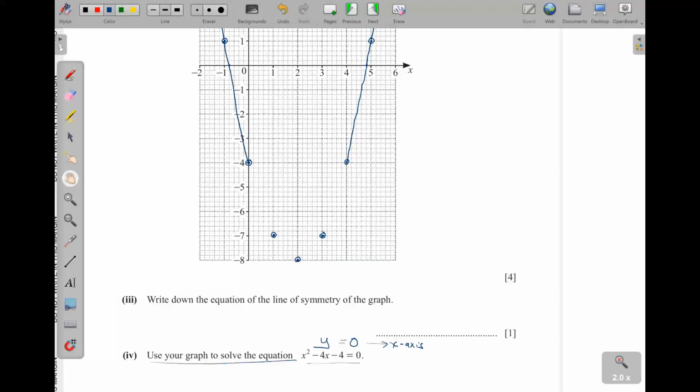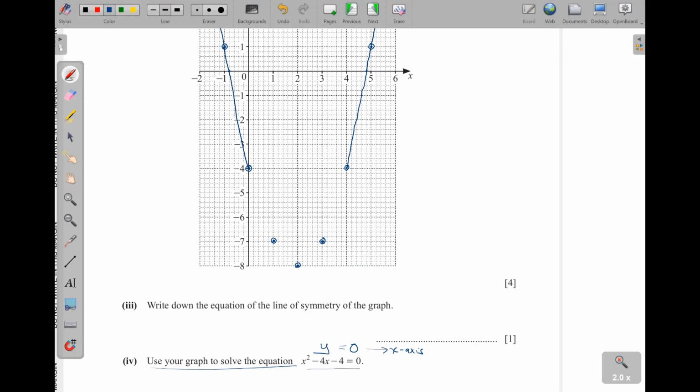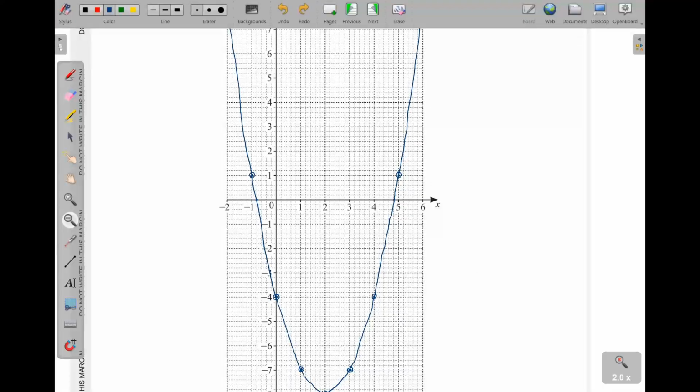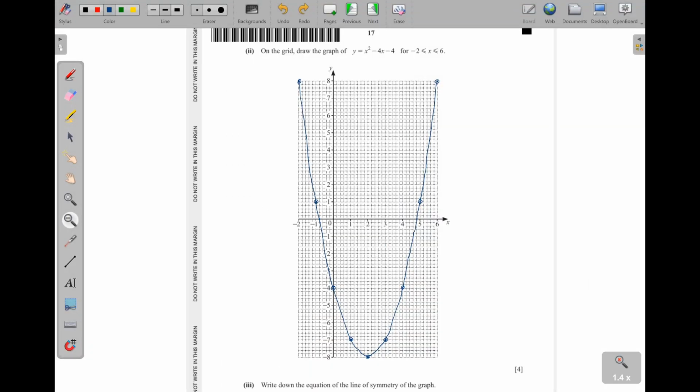Then continue down. Then you curve it off like that. You also bring this one here, and then you curve it off like that. That will be our graph like that. If I can reduce, that's how it is going to be.